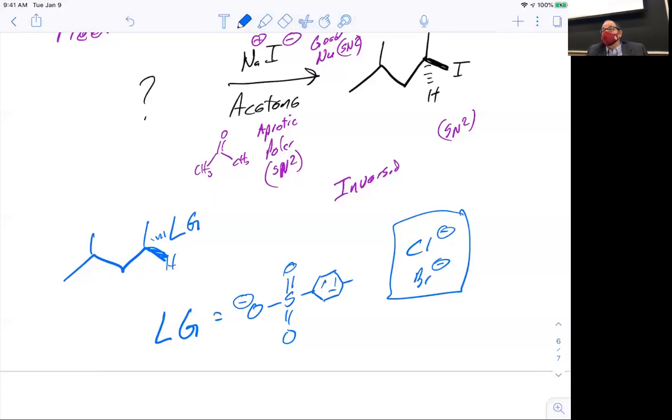But the thing to realize here is that what you think of as good leaving groups, and they are, like chloride and bromide, happen to not be great leaving groups for iodide replacement, because the iodide substitution would actually go backwards. So you need something that's even a better leaving group than iodide. And there's not many of those that we've seen. One of them is the tosylates and the mesylates.